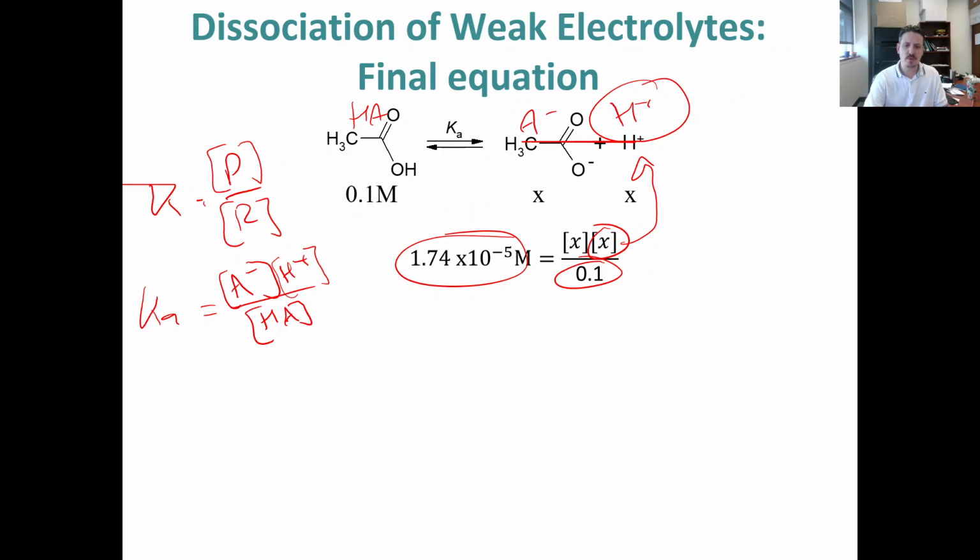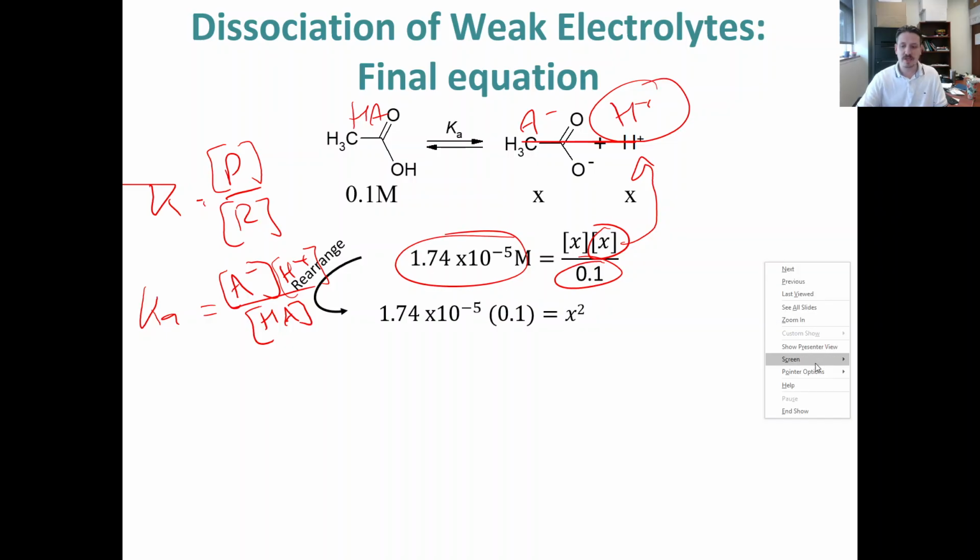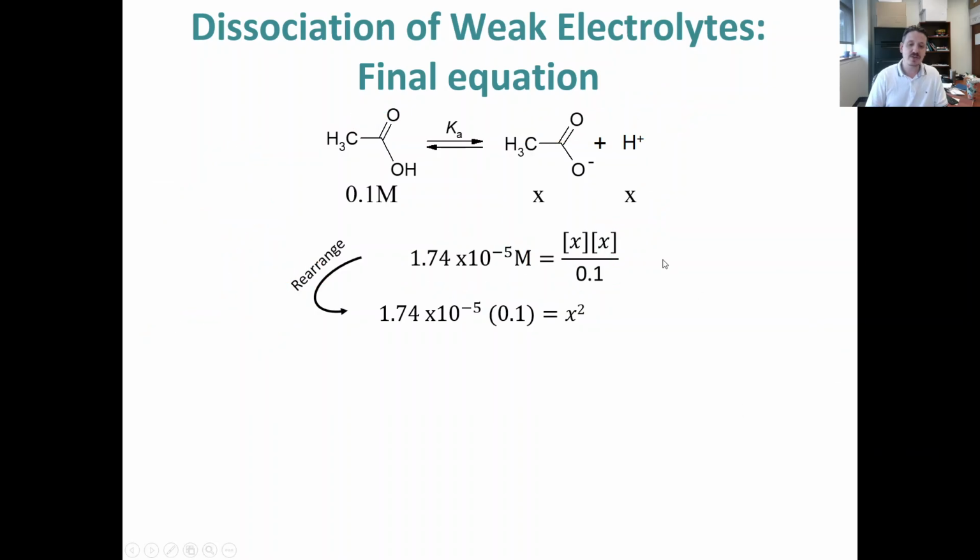Now, first of all, we can rearrange, so that Ka multiplied by HA equals the sum total of the products. And we know that the products are just going to be X. We don't know what they are yet, but whatever they are, it's the same number.